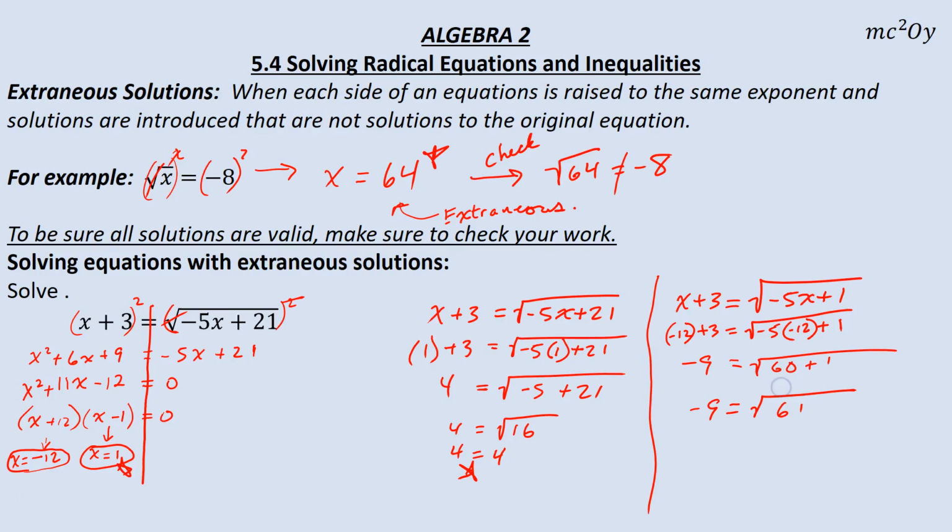I don't know why that keeps switching on me, probably the way I'm dragging my pen. So that does not work out. The root of 61 is definitely not negative 9. A square root can't equal a negative anyway, so this one is extraneous.